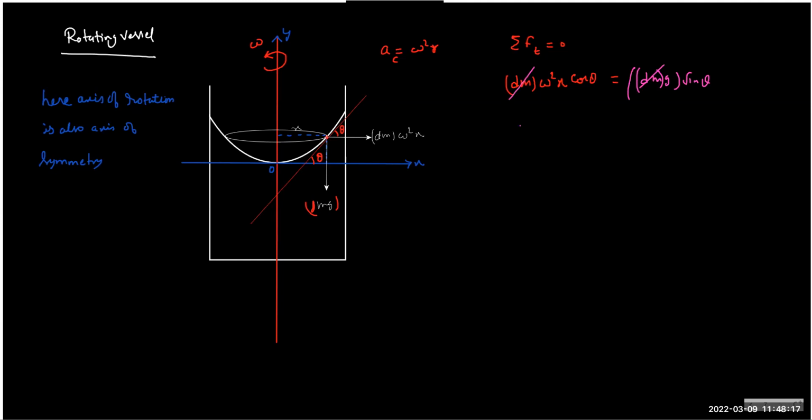So what you get is tan theta equals omega square x by g. It is the same as a by g, but the a is not the same, right?